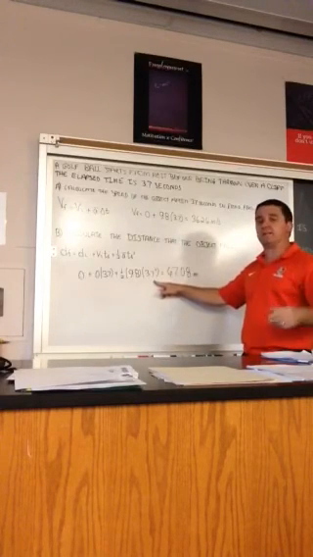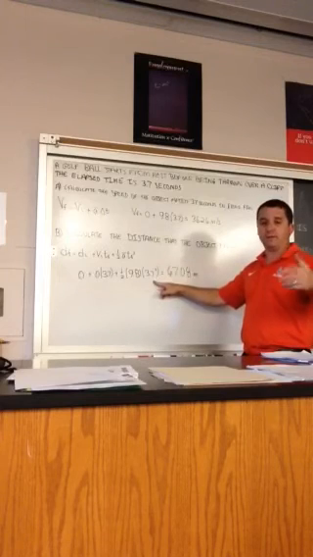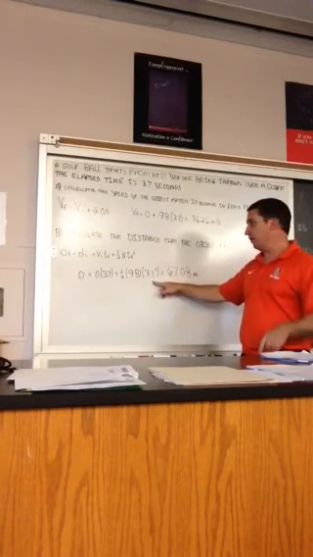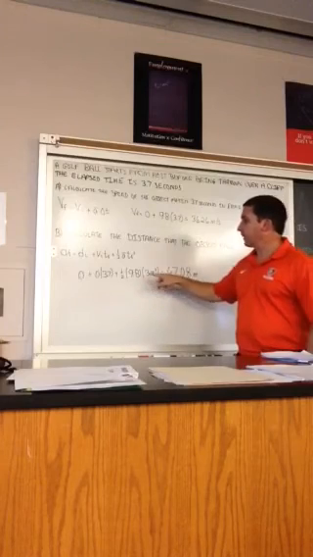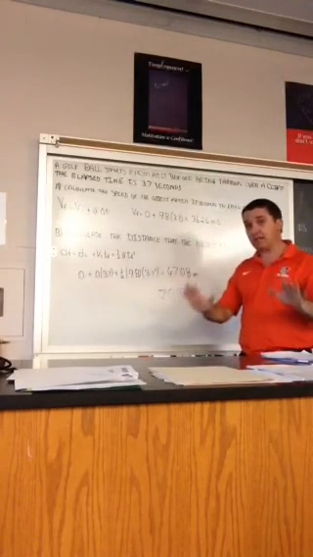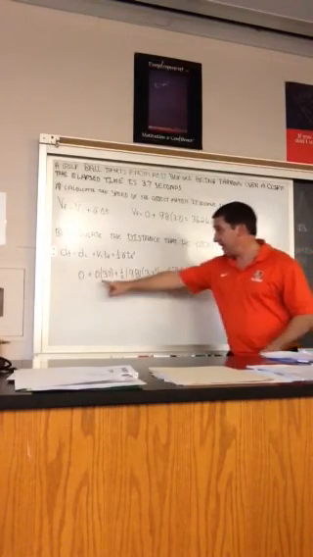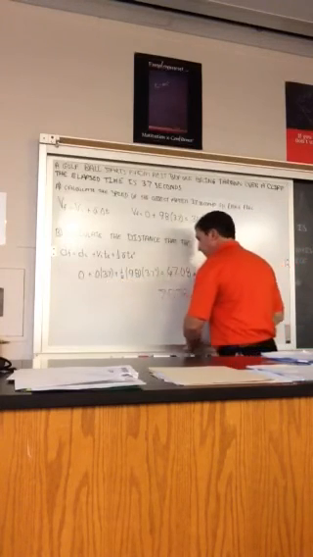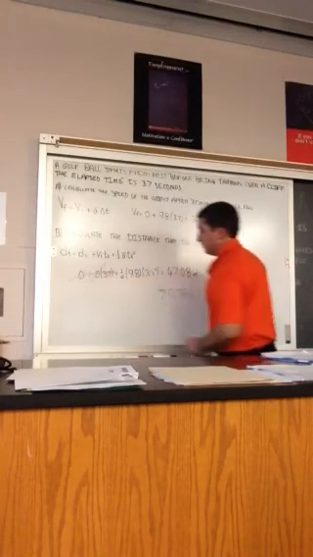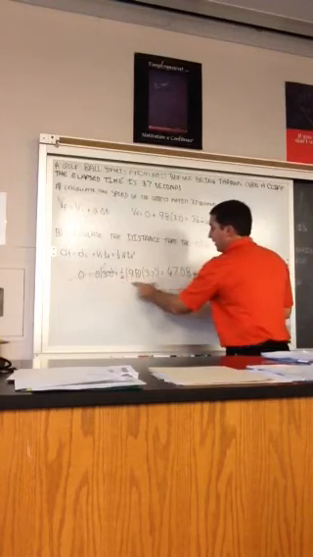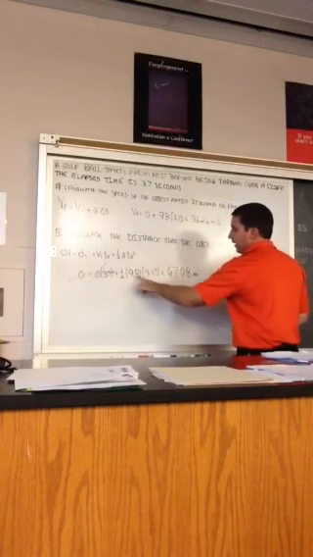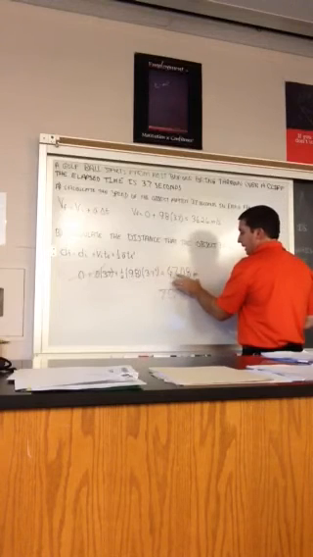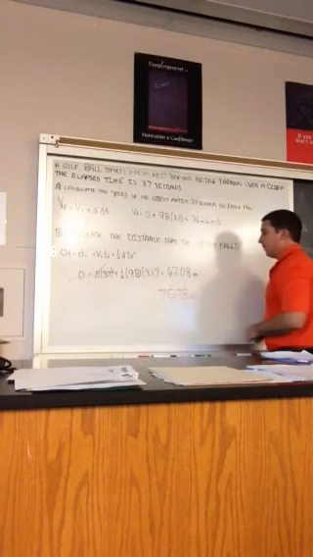Please excuse my dear Aunt Sally, whatever else little saying you remember to help you remember that order. So you always do the multiplication first. That being said, 0 times 3.7 is 0. So we can basically just get rid of this and focus on everything to the right of the plus sign. 1/2 times 9.8 times 3.7 squared. Your correct answer, 67.08 meters.